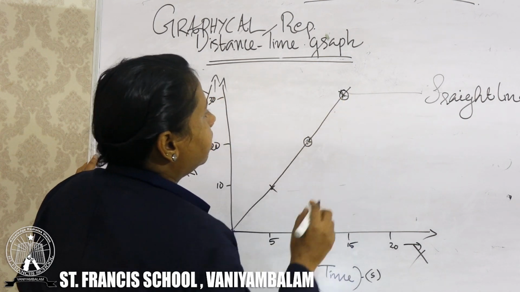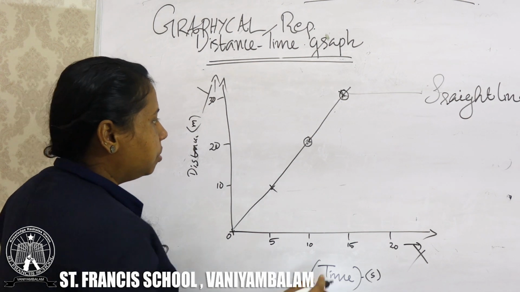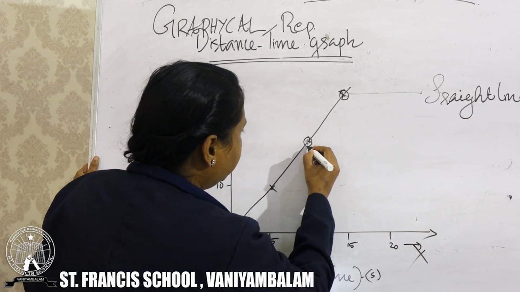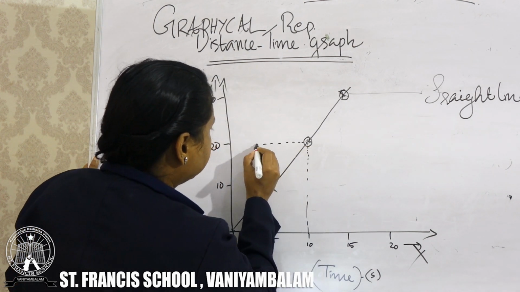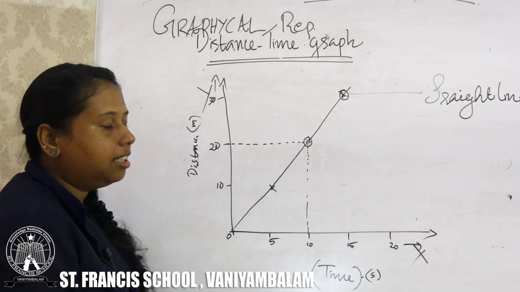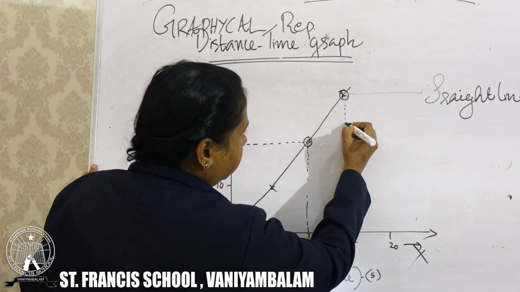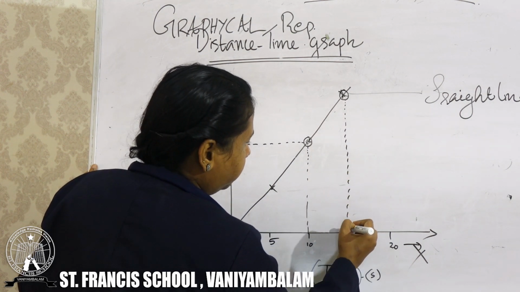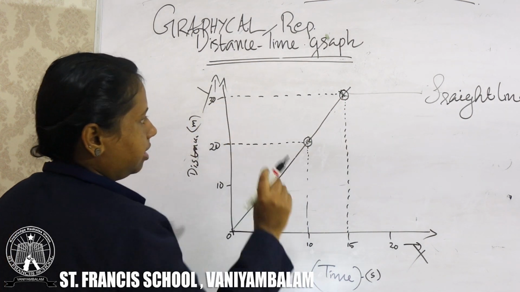After selecting these 2 points, we have to join these lines to the x-axis and y-axis. I am joining this line to the x-axis and this line to the y-axis.